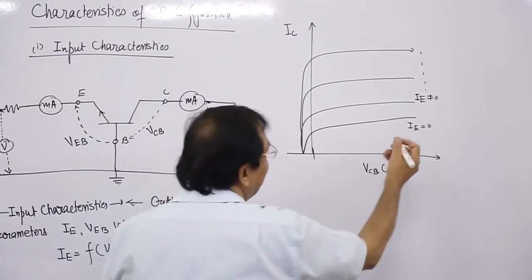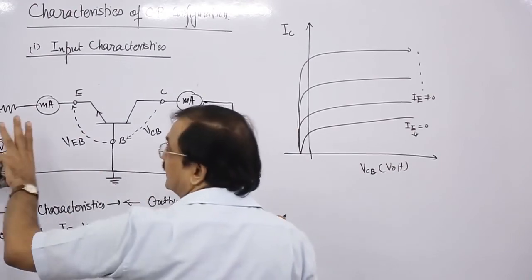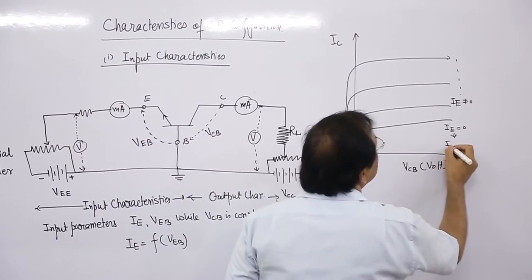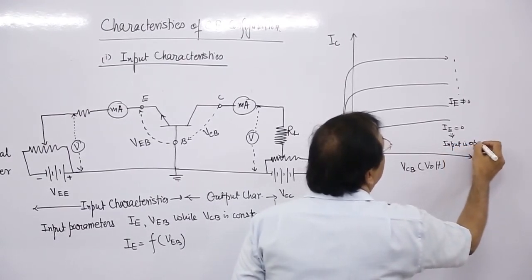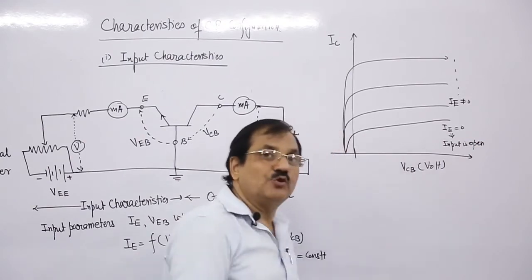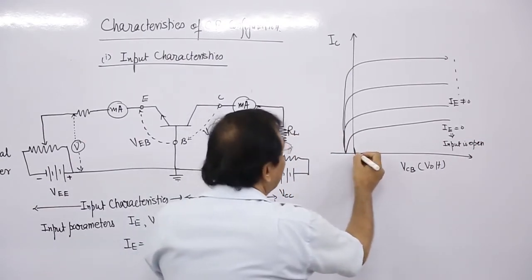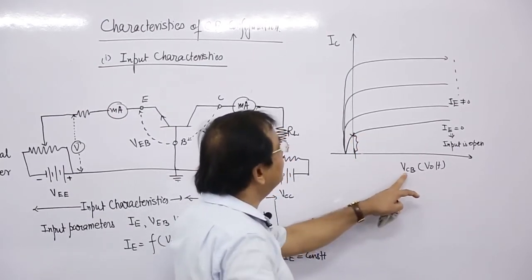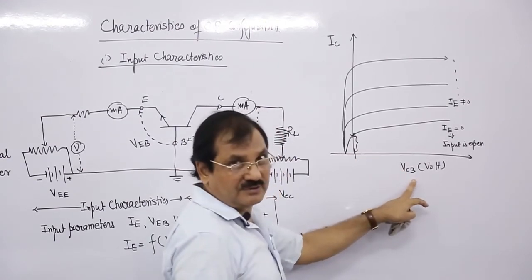If IE is 0, this port, the input section, is open. If the input section is open, this much current is there at this VCE value.